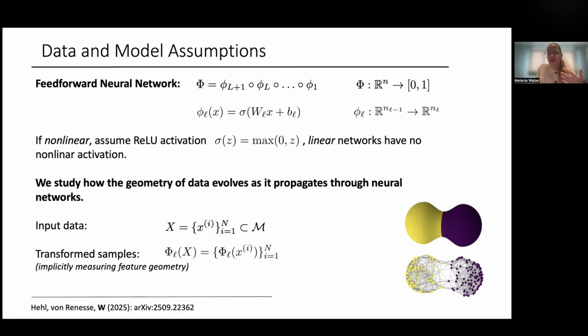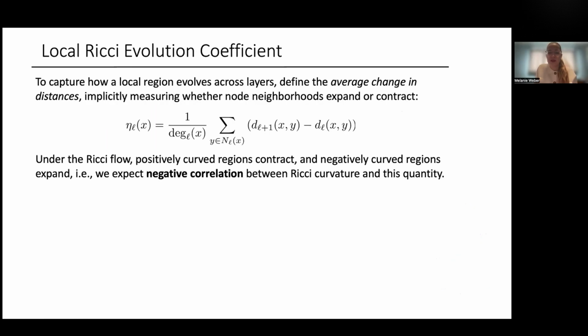This basically gives us a proxy of how the geometry of the data manifold transforms throughout the network, and this gives us a means of analyzing the feature geometry. So the tool that we're using will be Ricci curvature and this discrete Ricci flow that we saw a few slides ago.